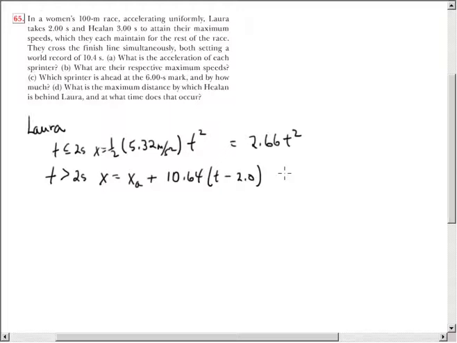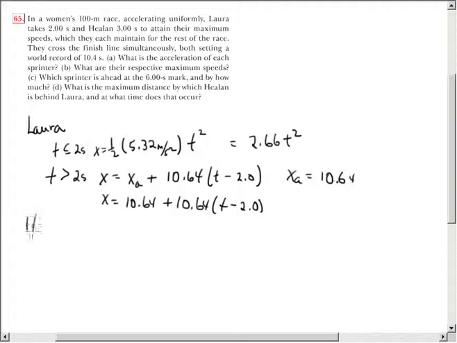And x_a was equal to 10.64, so x is equal to 10.64 plus 10.64 times (t minus 2.0).